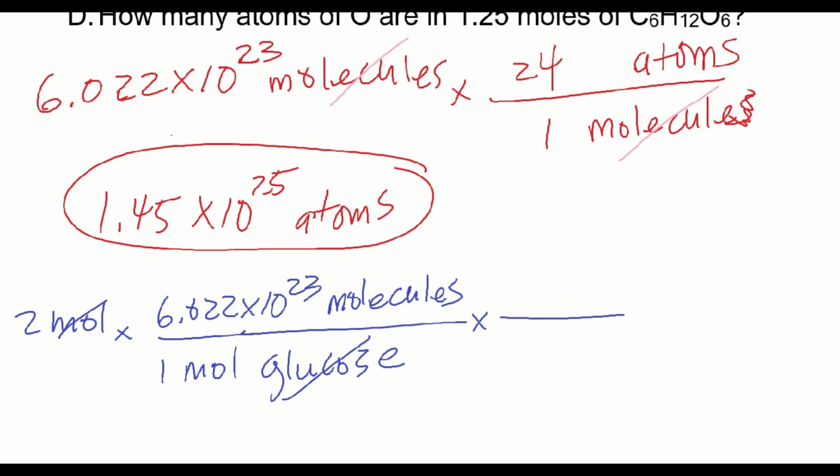And carbon, there's only 6 of them, so there's 6 carbon atoms per 1 glucose molecule.